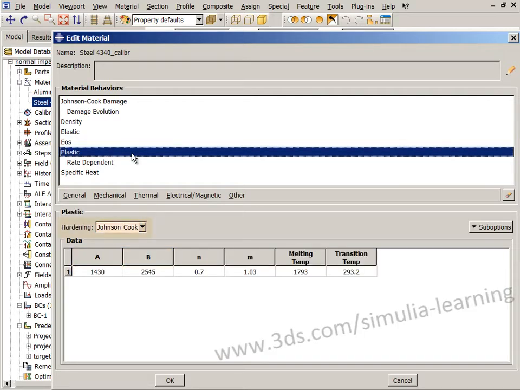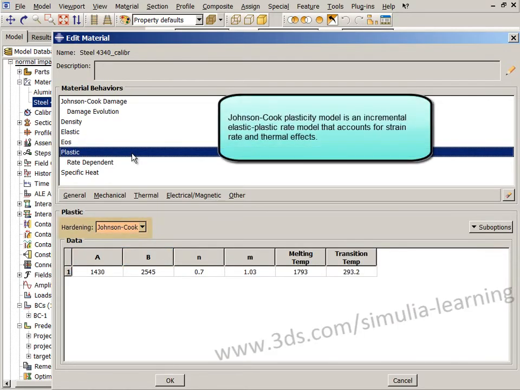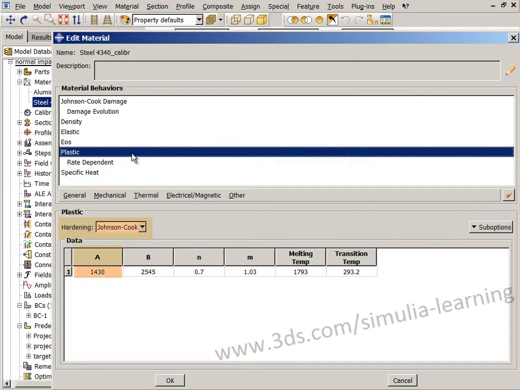The Johnson-Cook plasticity model, which is an incremental elastic plastic rate model that accounts for strain rate and thermal effects, requires the yield stress, hardening constant, hardening exponent, the melting and transition temperatures, and the thermal softening exponent.